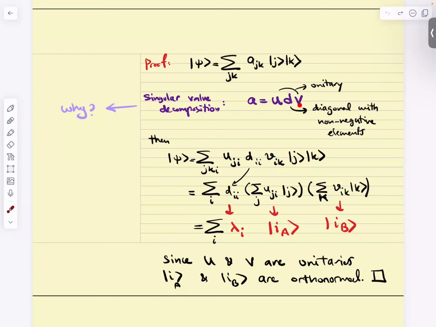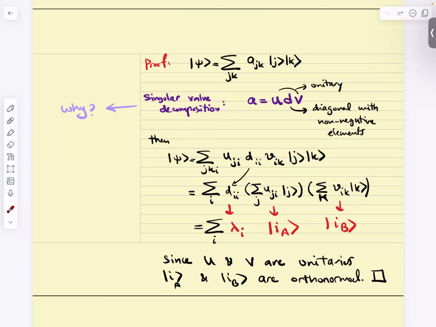Have you guys seen this statement? It's very useful beyond quantum mechanics. It's extremely useful. It's no exaggeration to say a huge part of modern science and technology uses this. So what does it say? Let me repeat again. You take an arbitrary matrix. Doesn't have to be even square.